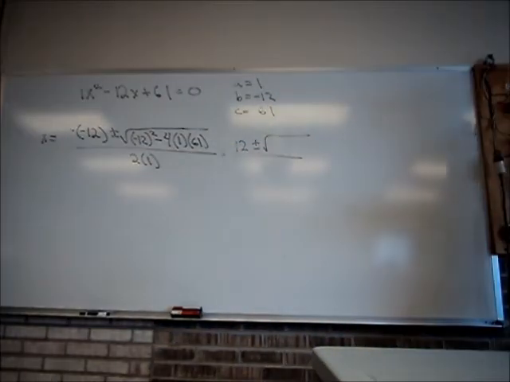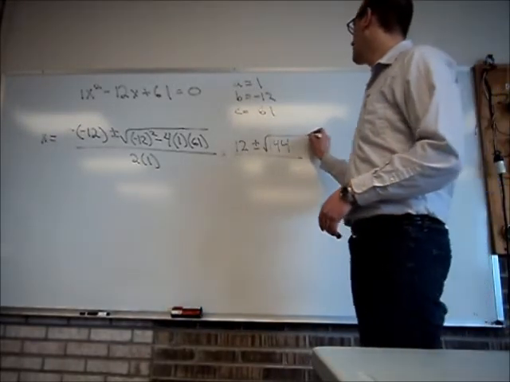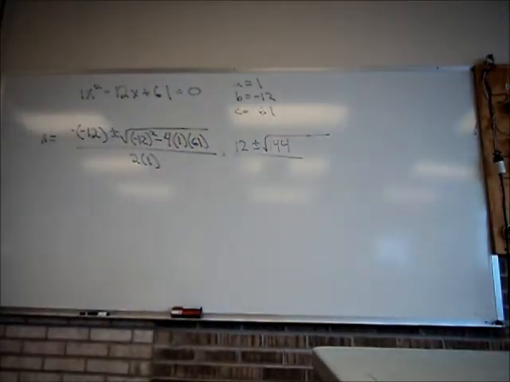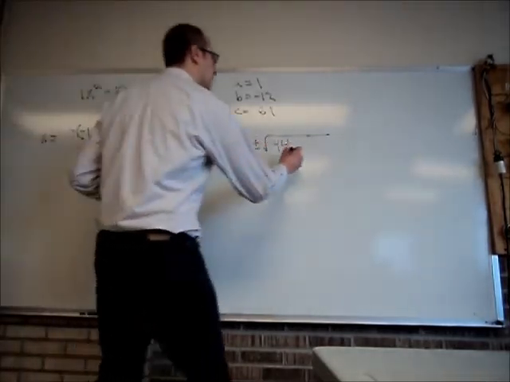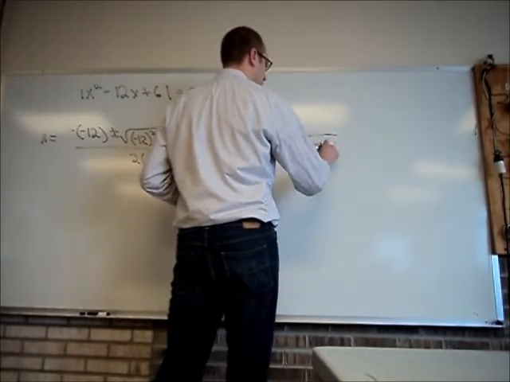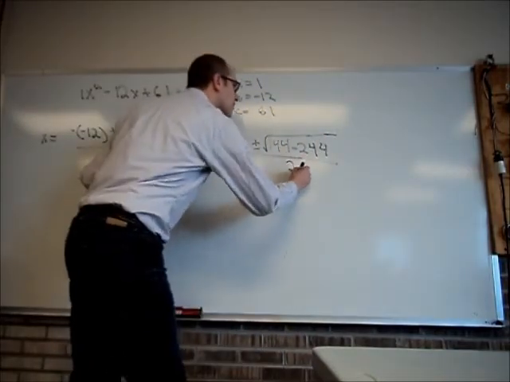Plus and minus the square root of -12 squared. -12 times -12 is a positive 144. And then we'll multiply these three values: -4 times 1 times 61. Yep, -244. Okay?